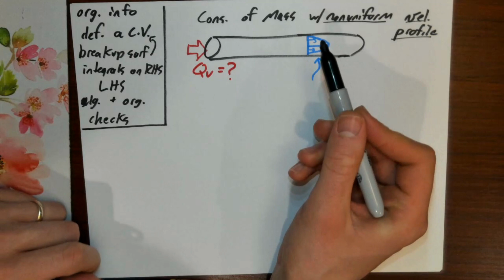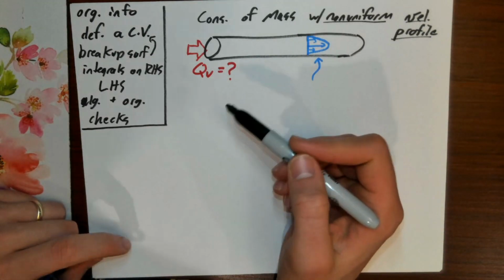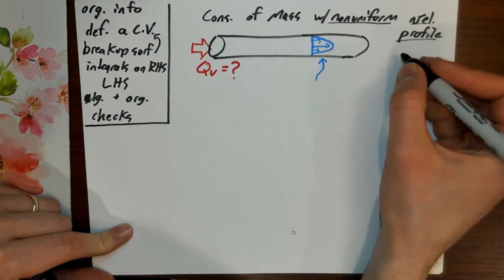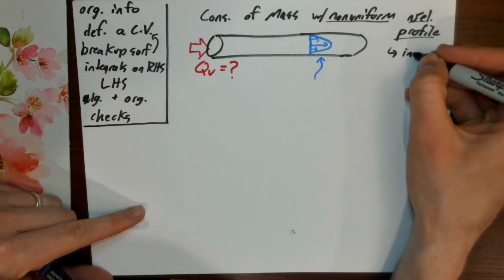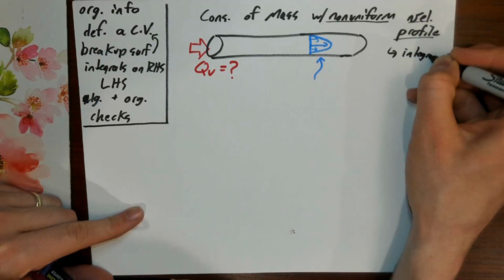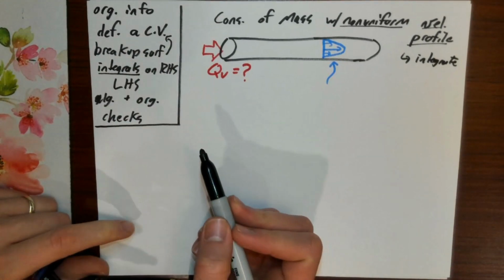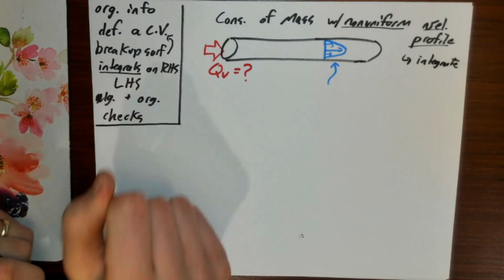Like we've done in some non-uniform pressure profile problems or non-uniform shear stress profile problems, anytime you have some non-uniform profile, we're going to need to integrate. So for the integrals on the right-hand side, a lot of times you could get the answer right away.